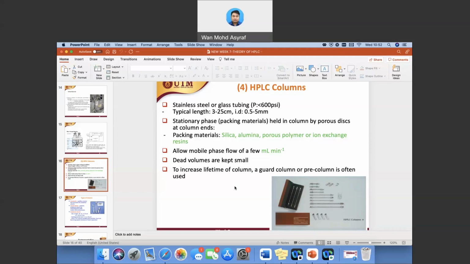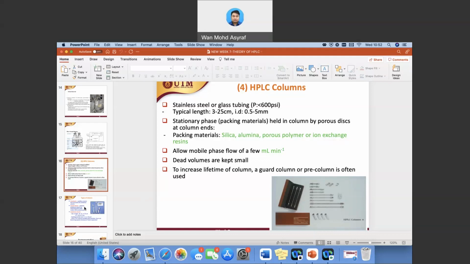If your sample has any small amount of suspended solid, the guard column is the one that gets clogged. The guard column is quite small, so we can just change it rather than changing the whole column. This column is quite expensive, being much longer. So if we just change the guard column, you extend the lifetime of your actual column.